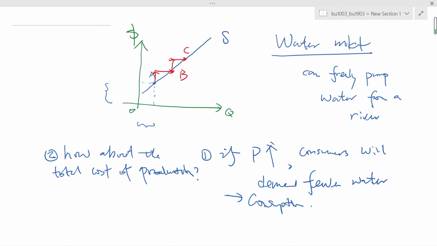In my particular example here, the water market, I'm assuming that firms can freely pump water out of the rivers. So I'm assuming away the cost of production. Hopefully this will make it easier for you to see why there should be an increase.